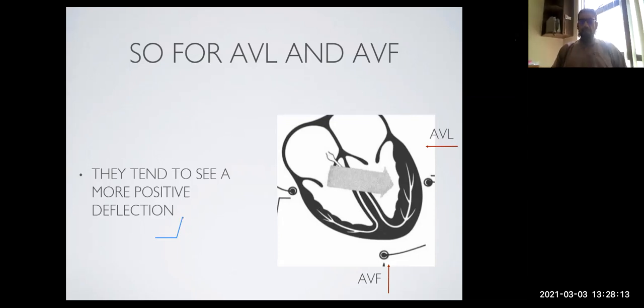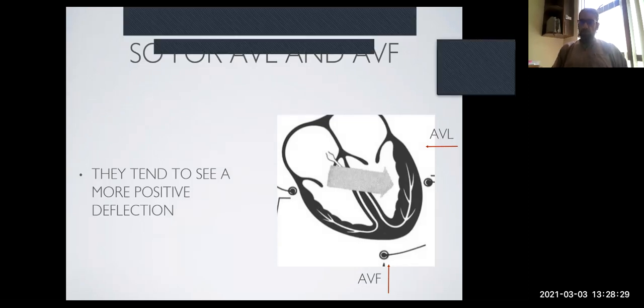Then it goes away from it for a while, and then, of course, the heart returns to normal. That's why we get a biphasic type of picture. This is just to give you an idea of why the waveforms look the way they do.